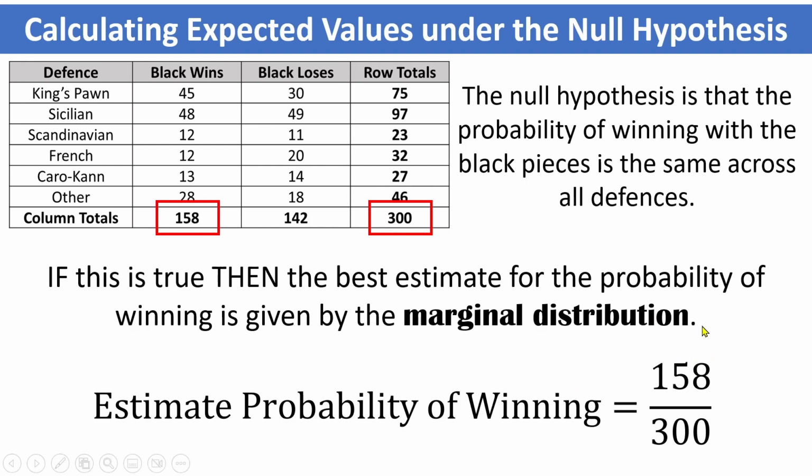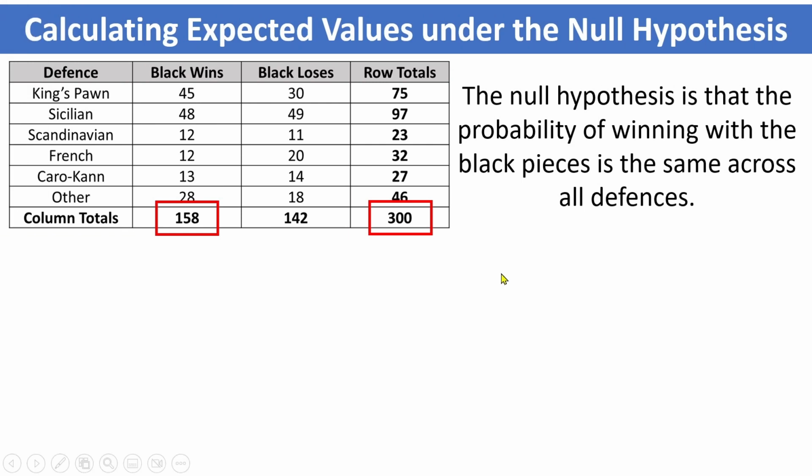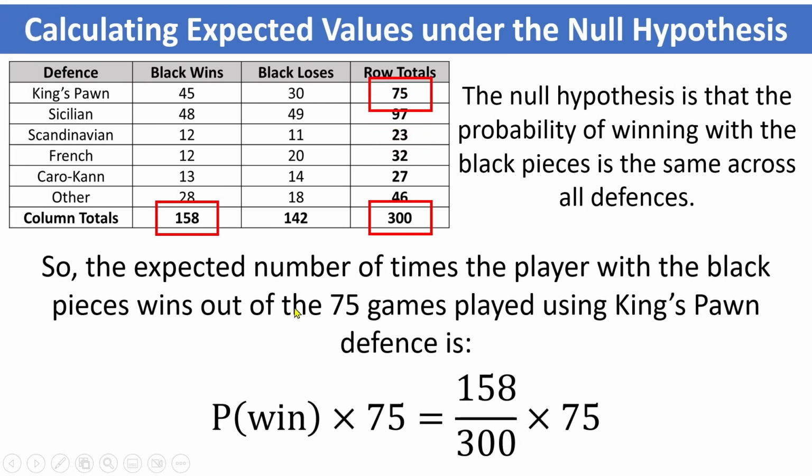So how do we use this probability to get the expected counts? Well, let's have a look. The expected number of times the player with the black pieces wins out of 75 games. So we're talking about playing the king's pawn opening, right? So out of 75 games played using king's pawn defense, the expected number will be the probability of winning.